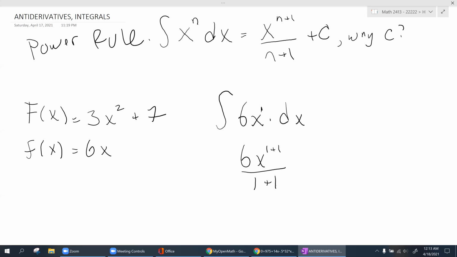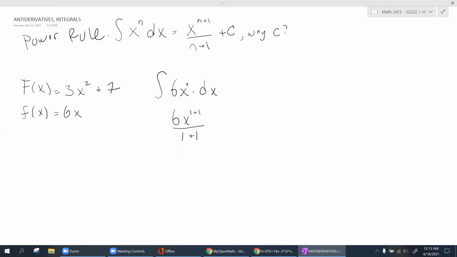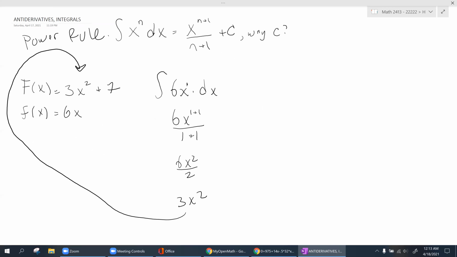This ends up giving me 6x squared over 2, which is 3x squared. And look at this, that is exactly that. How awesome is that? But you may be saying, what happens to the 7?